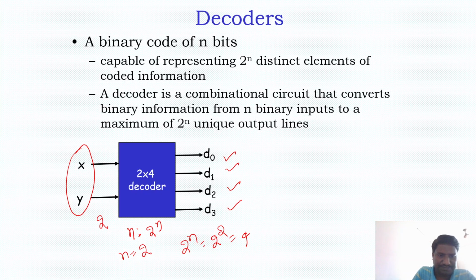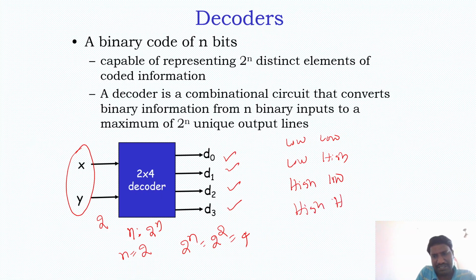How it works is that it can have active low inputs and active low outputs. That means I can have low-low, low-high, high-low or high-high. Now what we are looking at is high-high, that is, inputs are active high logic and outputs are also active high logic.